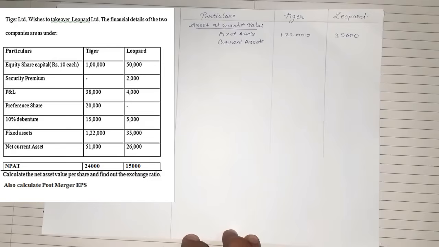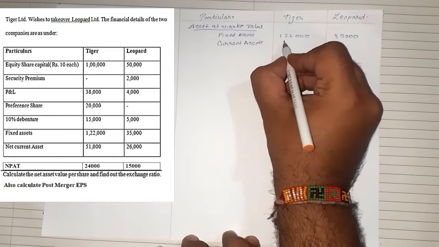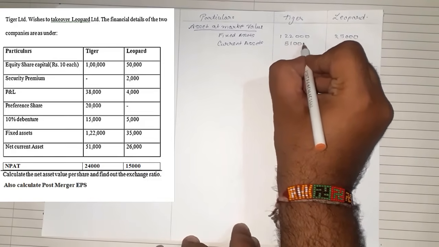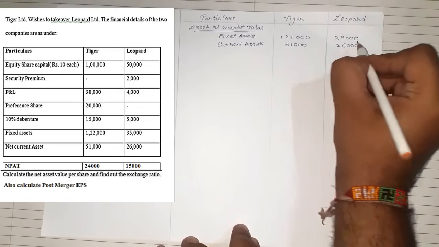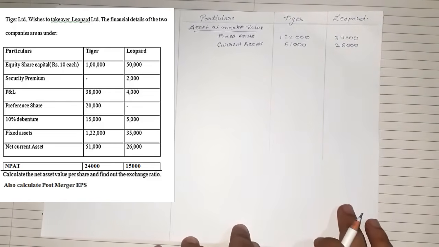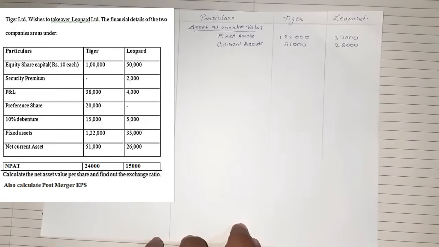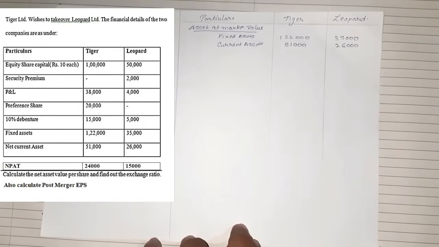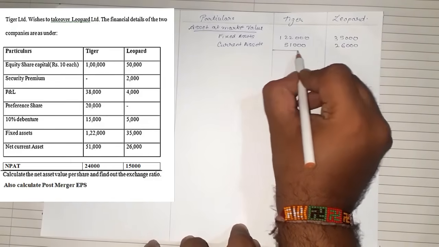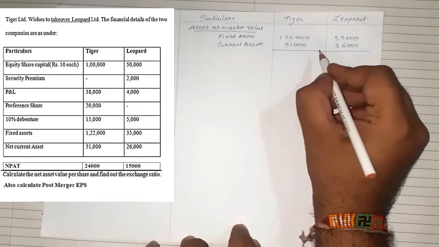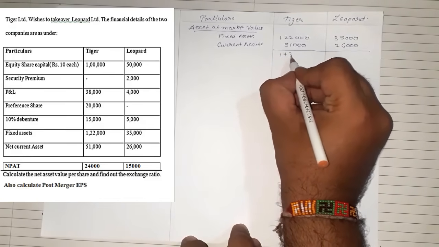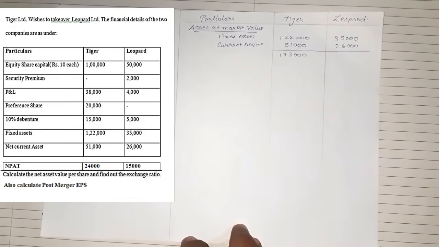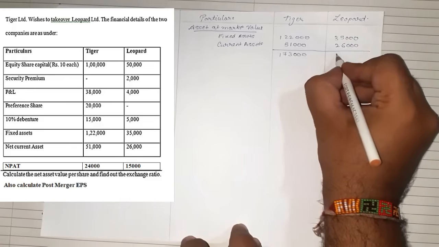The values are 51,000 and 26,000. The moment we add up, we will get our total assets. So 122 plus 51,000 is 1,73,000. 35 plus 26 is 61,000.